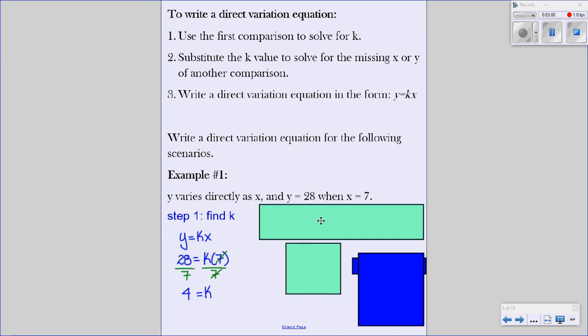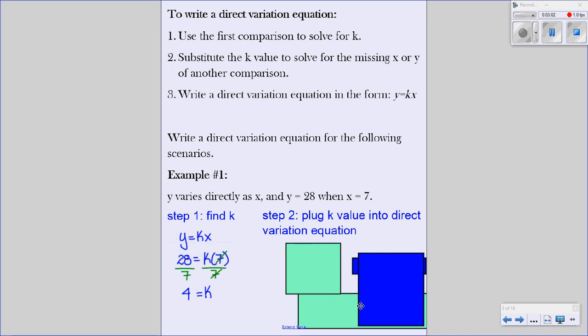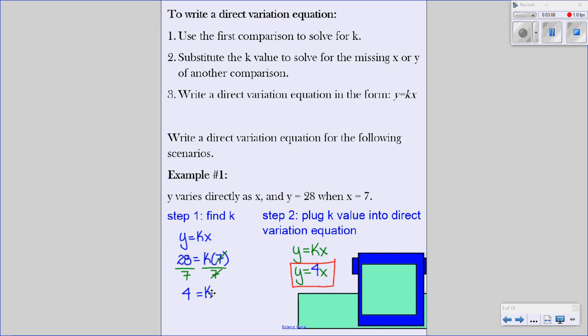Now step 2, you plug the k value into the direct variation equation. When you found k, you just put it into the equation. That one is just as simple as is. They just want you to create a direct variation equation, but you have to find k.